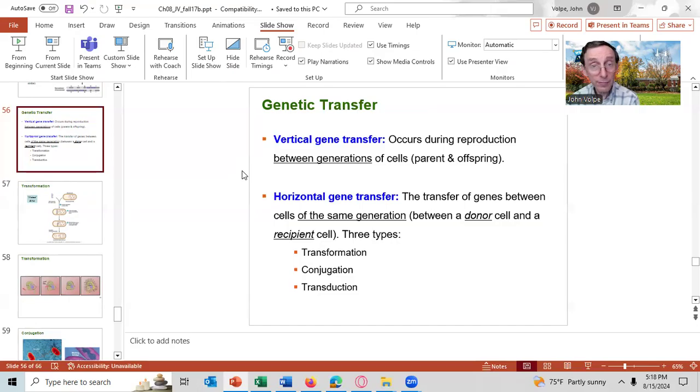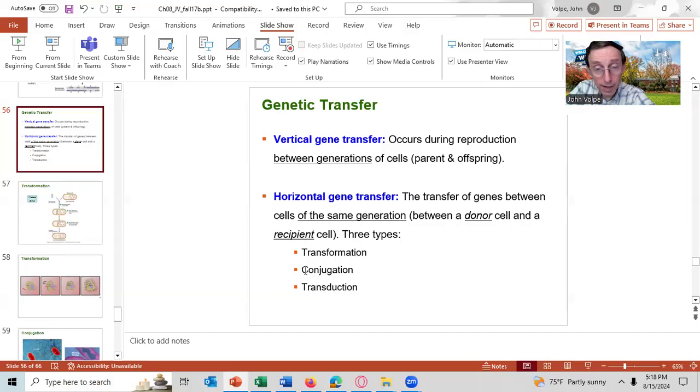Horizontal gene transfer can happen in 3 different ways in bacteria. I think it can only happen really in 2 different ways in human cells. There's transformation, conjugation, and transduction that can happen in bacteria.